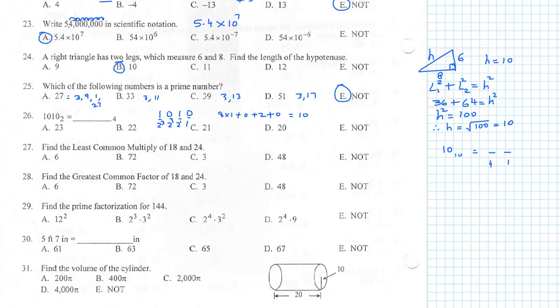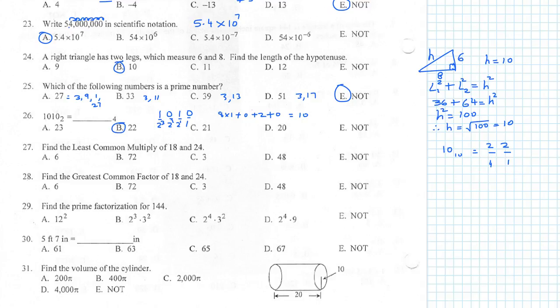There are clearly two 4s, and the remainder is 2, because 4 times 2 is 8. So the remainder is 2, and then there are two 1s, so that's the number 22 in base 4. So we'll select B as the answer.